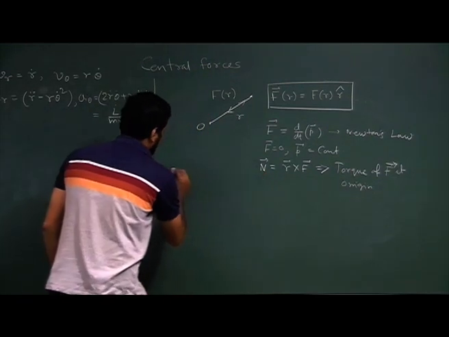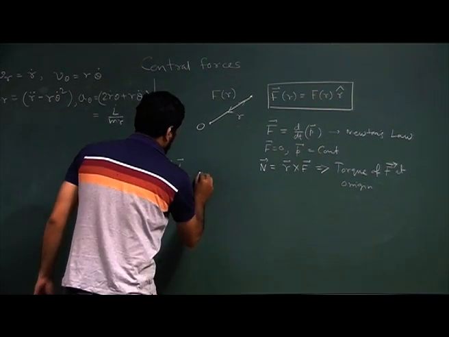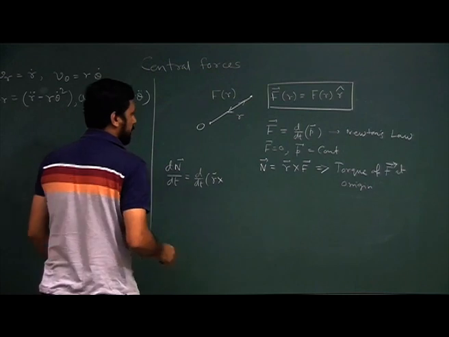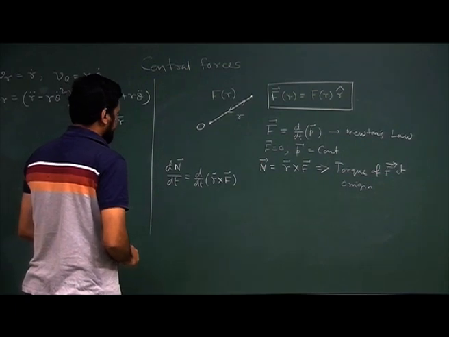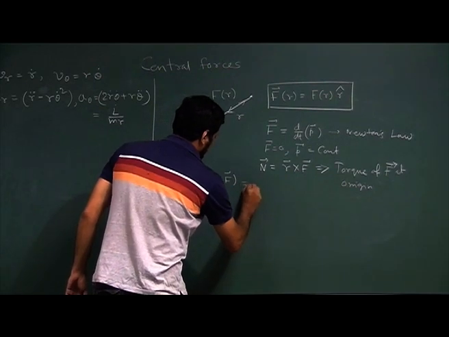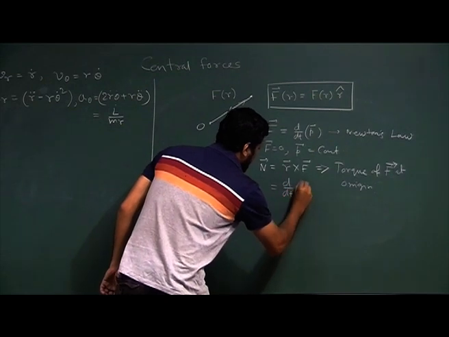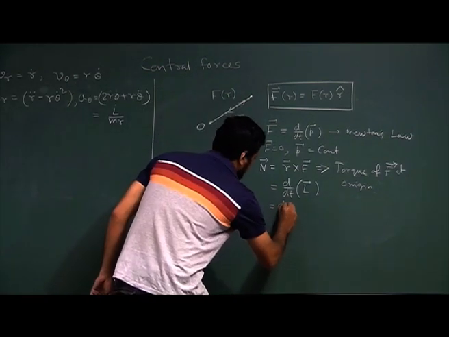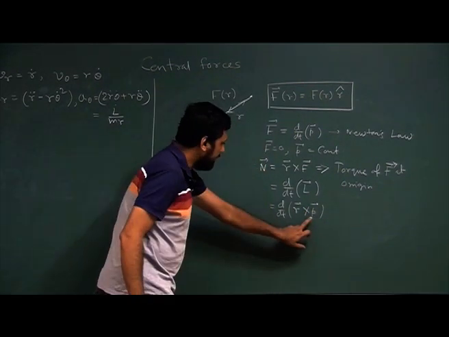Now, if we take dN dt, which will be d dt of r cross F, there is a relation that says N is equal to d dt of L, L being the angular momentum, which is defined as r cross p, p being the linear momentum.